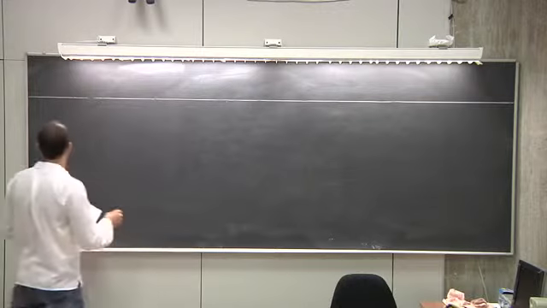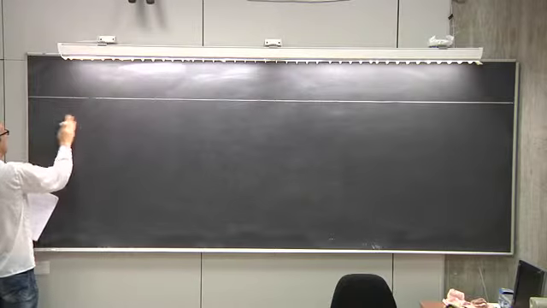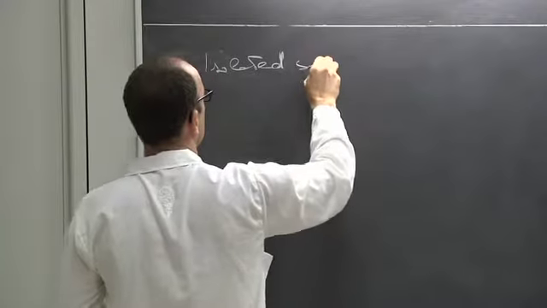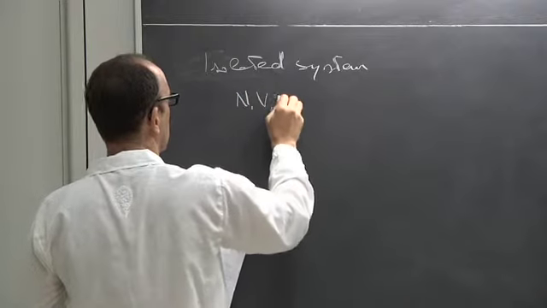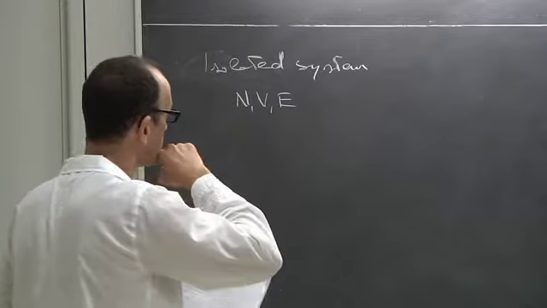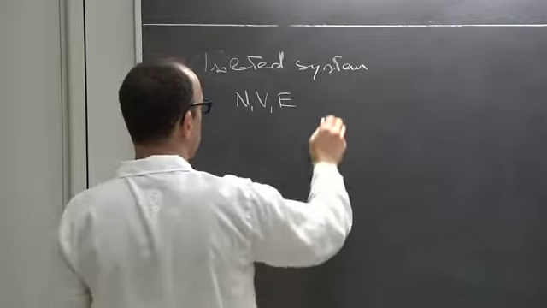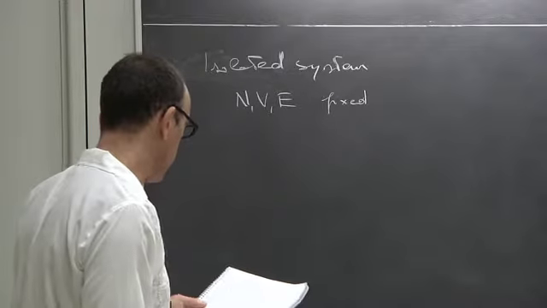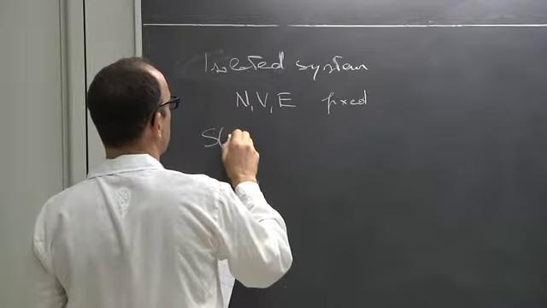And so we have seen that for the microcanonical, so for an isolated system, the variables are the number of particles, the volume, and the energy. Because the energy is constant, these are fixed. And the relevant quantity is the entropy.